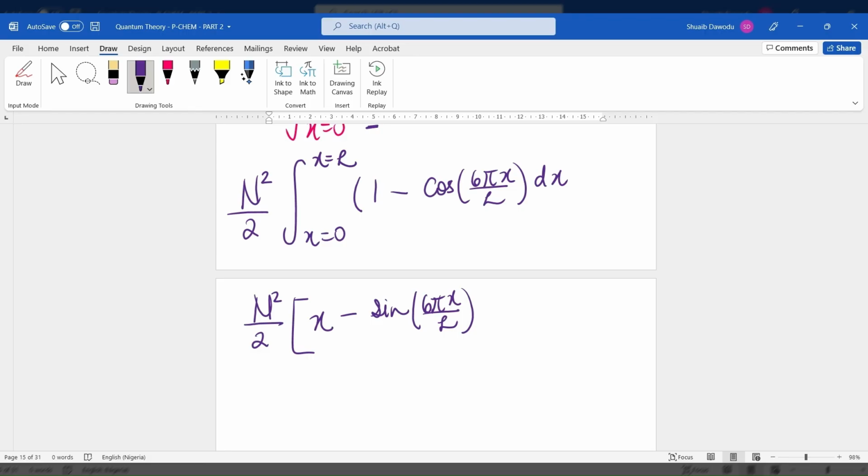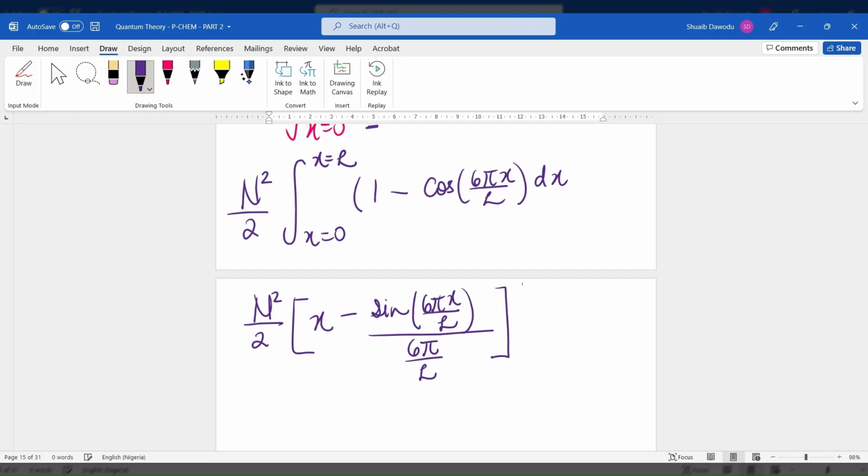But when you integrate cosine 6 pi x over L, you're going to have sine 6 pi x over L divided by the differentiated value of whatever this is. So when I differentiate 6 pi x over L, I end up with division by 6 pi over L. Okay, so that is it.